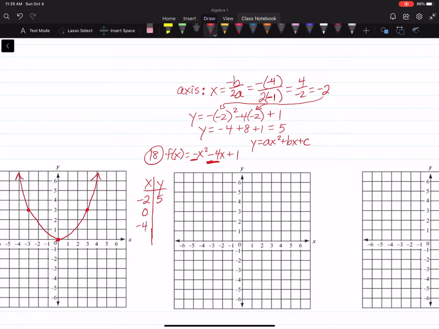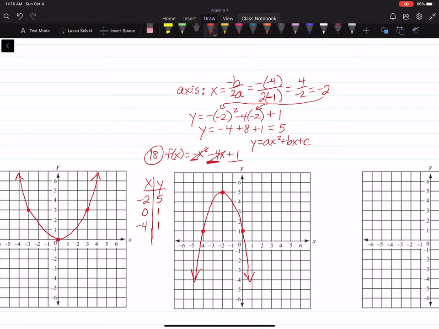If you plug in 0, those terms go away, and you're just left with 1. You'll get the same thing if you plug in negative 4. You'll also get 1. So negative 2, 5, 0, 1, and negative 4, 1. Then we draw the best little parabola we can. Make it as curvy as possible. And we are done with the graph.